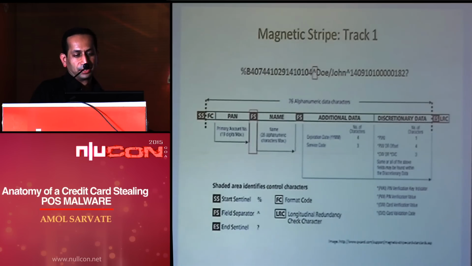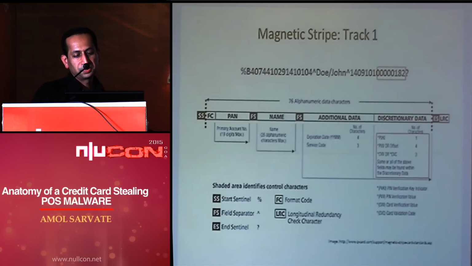It again has another field separator, followed by your name. It's 26 alphanumeric characters. Again a field separator saying that now we are going to a different field. And there it stores additional data, which has your expiration date, your service code, and so on and so forth, followed by discretionary data.